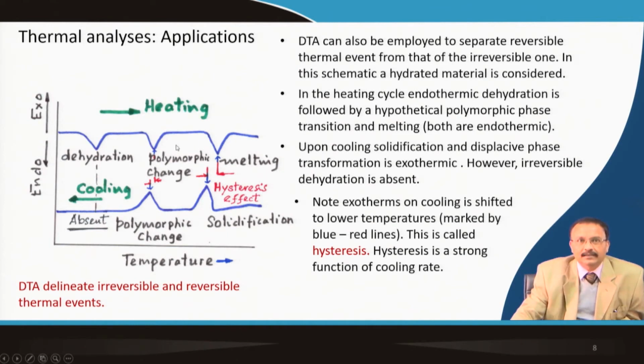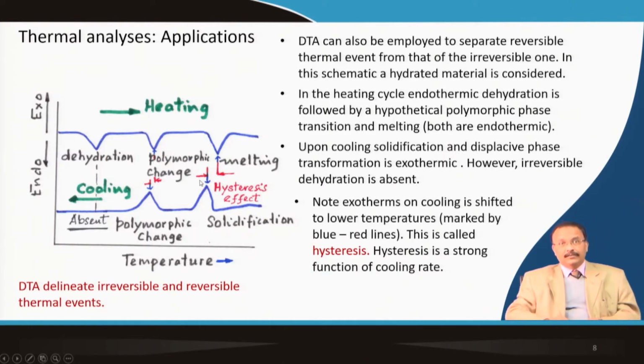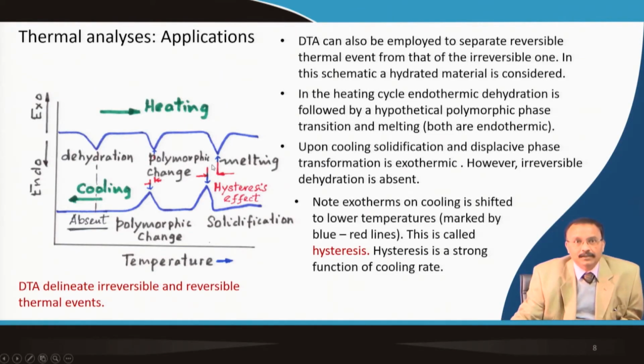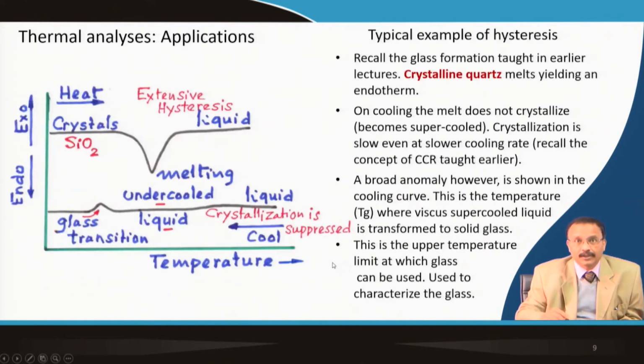So, it can detect the reactions which are reversible and which are not reversible easily from the DTA curve. Here you can see a little bit of hysteresis. The exotherm on cooling is usually shifted to lower temperature, marked by this arrow, as compared to this temperature. And usually the amount of this kind of hysteresis is a strong function of cooling rate.